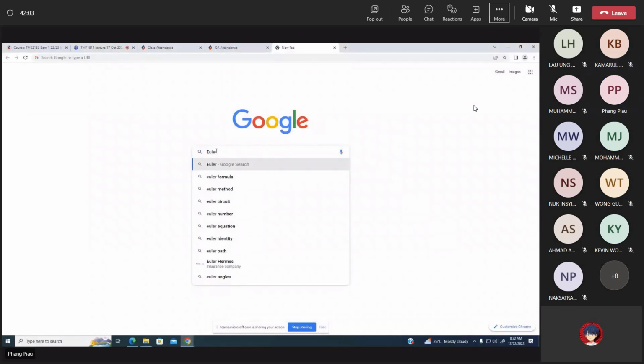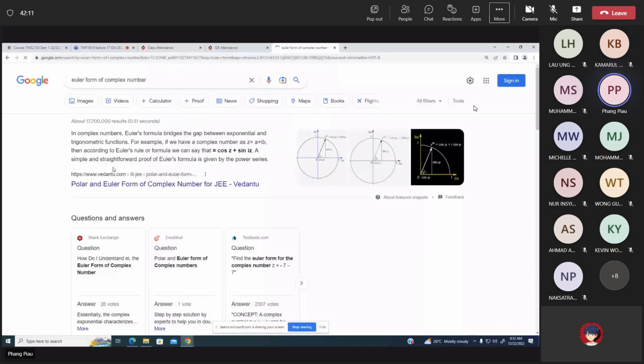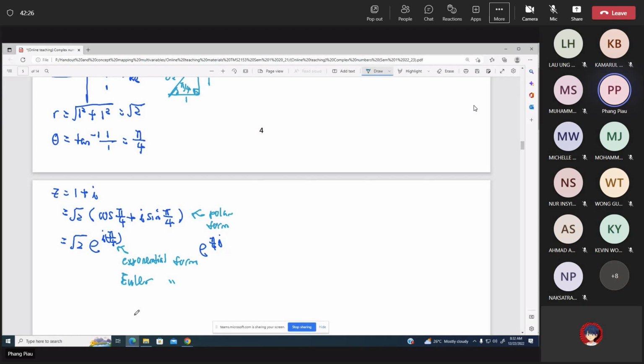You see here, there are so many things to do with Euler. I guess he is a very famous mathematician. So if you have this Euler form, okay, sorry, this is the Euler form, this one, not the exponential. The Euler form of apply here.